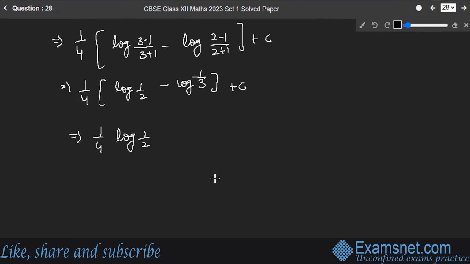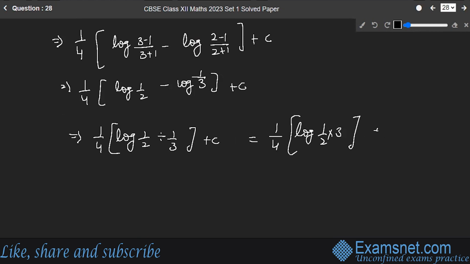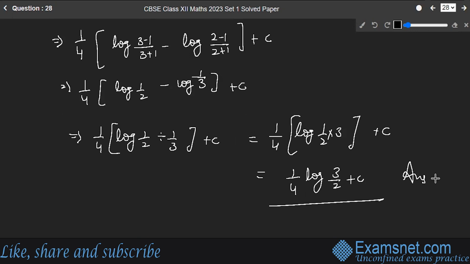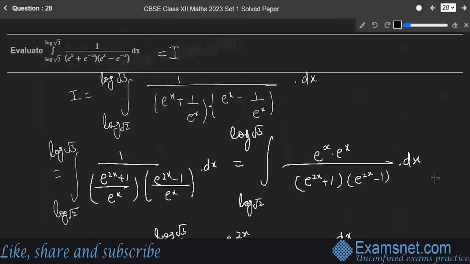Sorry, this was a mistake; it is supposed to be 1 by 3. So log 1 by 2 divided by 1 by 3 plus constant, that is 1 by 4 log of 1 by 2 into 3. This is log 3 by 2 plus the constant. Right, so the answer to the question is 1 by 4 log 3 by 2 plus constant.